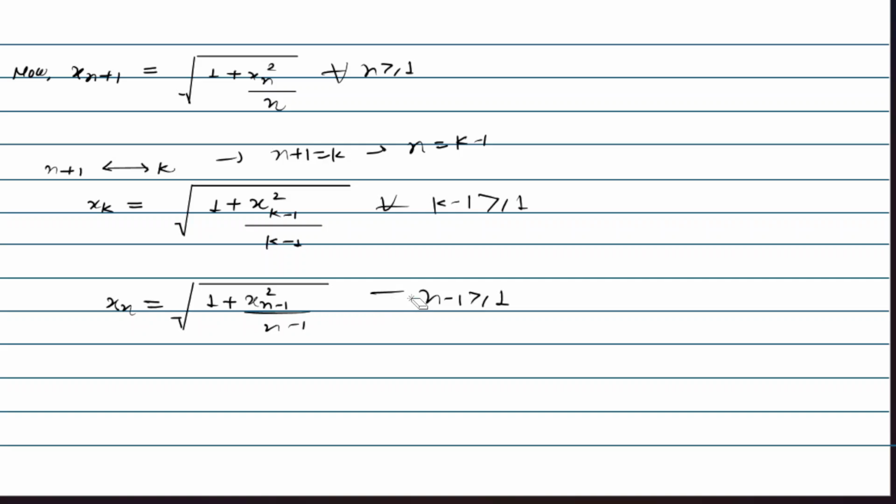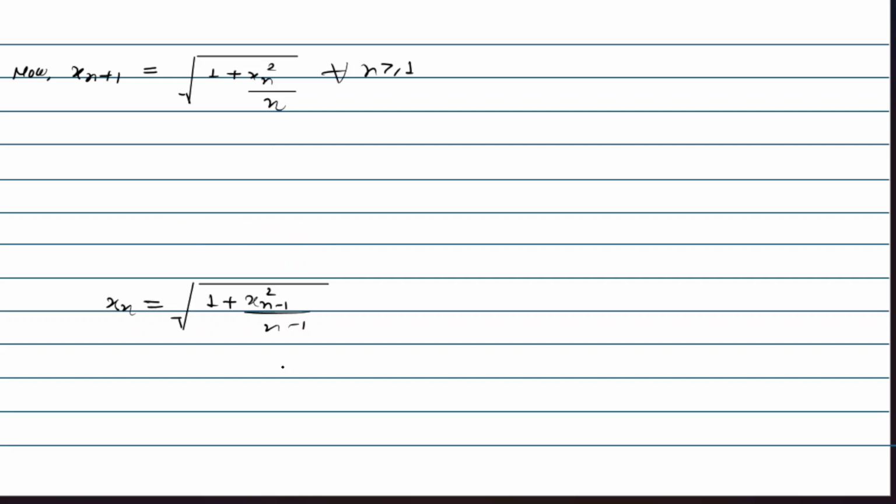Okay, so I am getting the expression for xn. Therefore xn is equal to the square root of 1 plus xn minus 1 square upon n minus 1 for every n greater than or equal to 2.